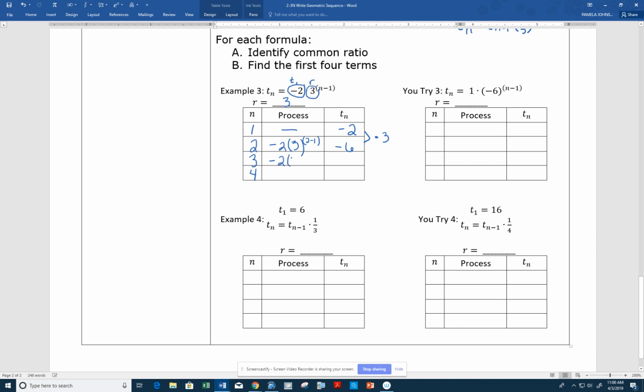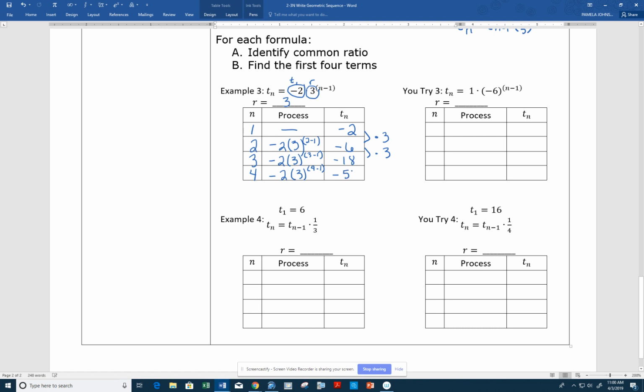Negative 2 times 3 to the 3 minus 1 power is negative 18. Again, we're just multiplying by 3. And term 4 is negative 2 times 3 to the 4 minus 1 power.